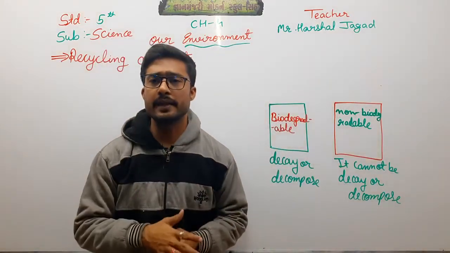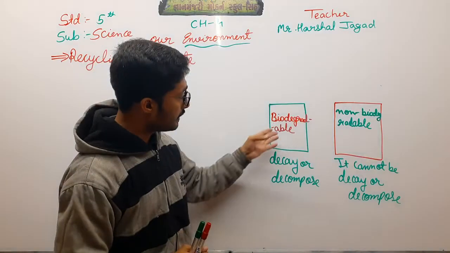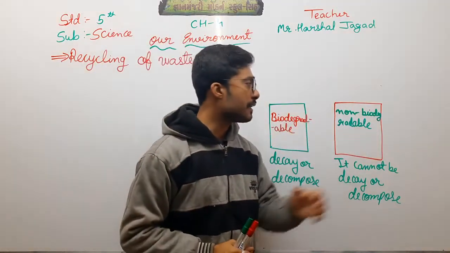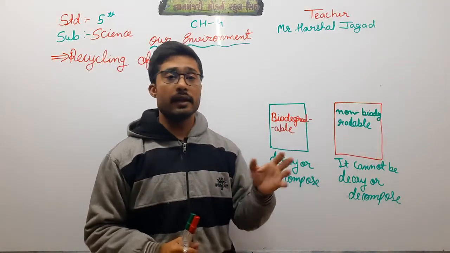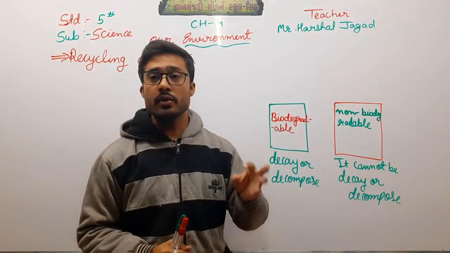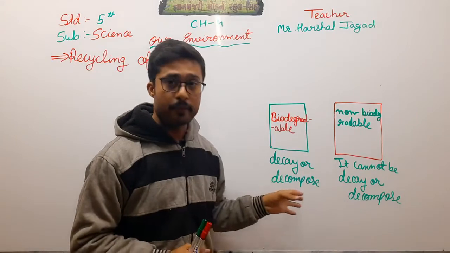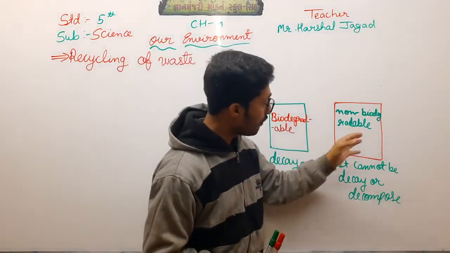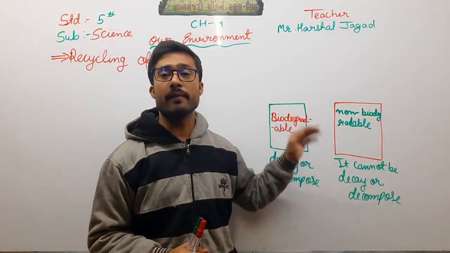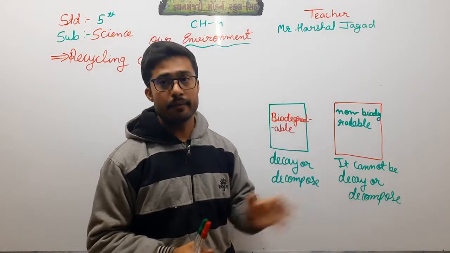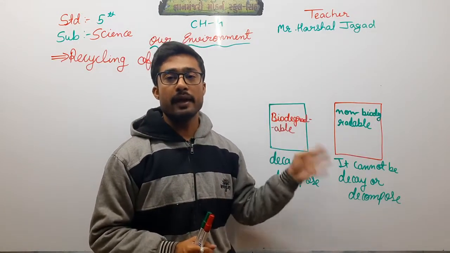So two dustbin types are there. First is biodegradable and the other is non-biodegradable. In biodegradable we should put the things which can decay or decompose, and in non-biodegradable the things which cannot be decayed or decomposed should be put into it.